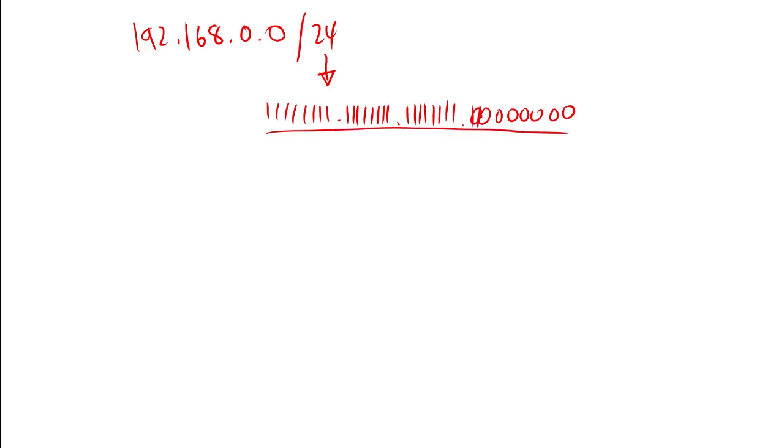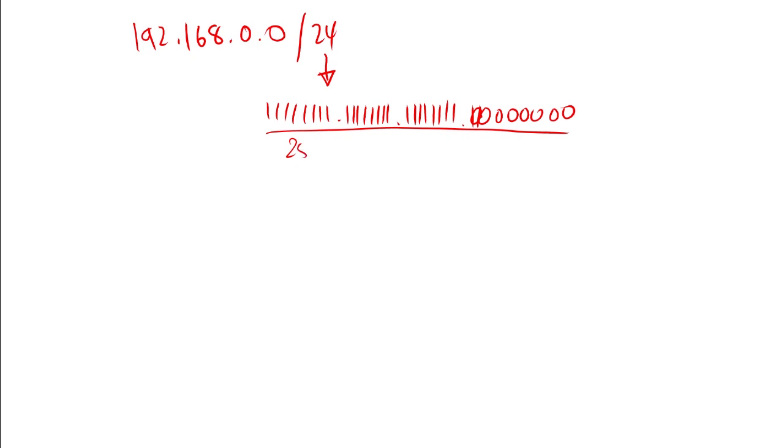Now, if you write out the subnet mask, you can convert it, you can write out 24 ones, basically, and fill the rest. So then you could say, well, what is this?